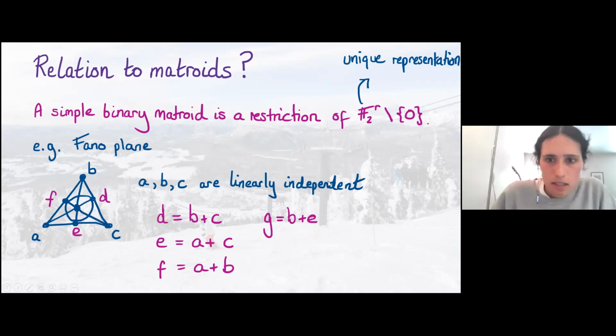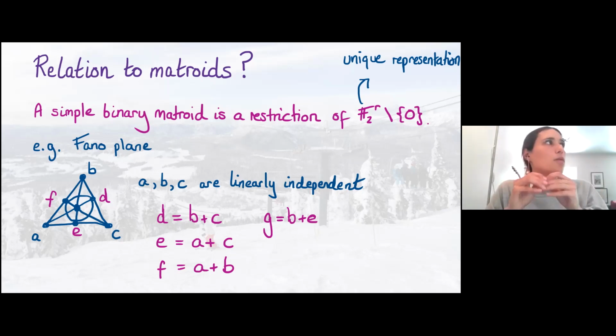The other difference, which is perhaps not so terrible if you wanted to do analogs of what we're doing, is that here you're removing 0, so A, B, and C, or any of these things, are not allowed to be 0. I think that shouldn't make such a huge difference. The bigger issue is the condition on A, B, and C being linearly independent, if you wanted to use our methods to say something about matroids.